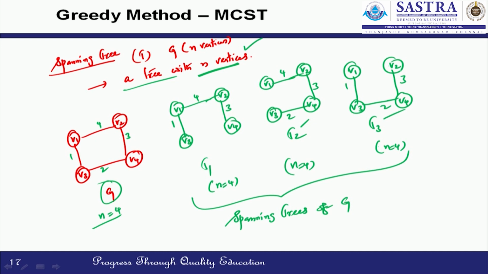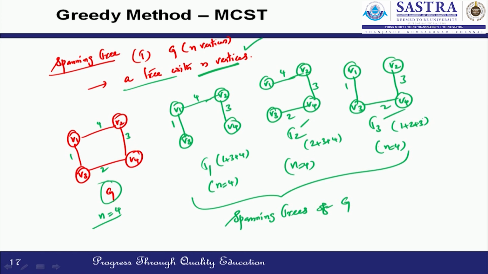Now these are said to be cost spanning trees, or spanning trees with edge costs assigned. Now in this case we can find the total cost. For T1 the total cost is 1 plus 3 plus 4. For T2 the total cost is 2 plus 3 plus 4. For T3 the total cost is 1 plus 2 plus 3.